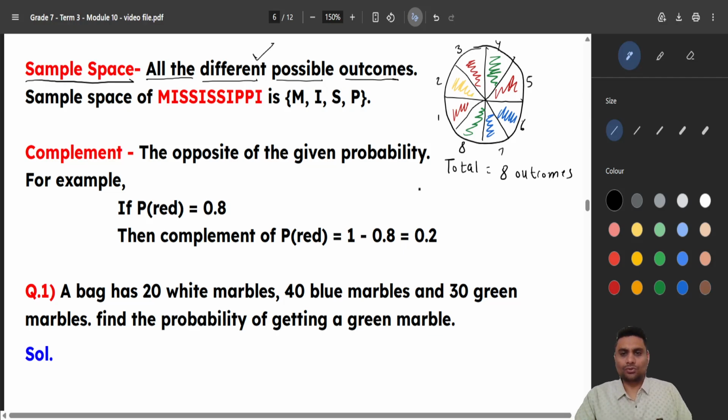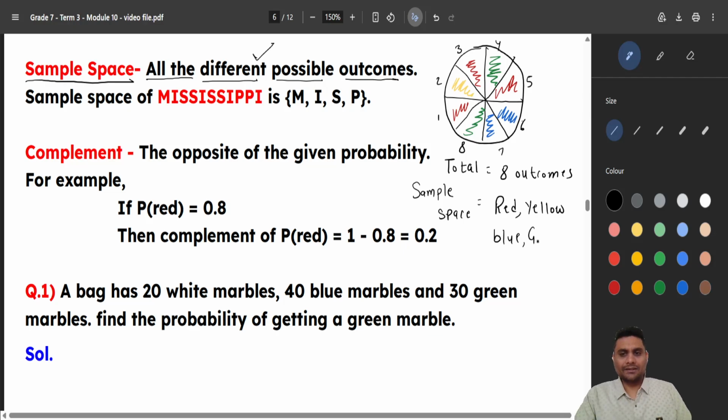But now if I ask you what is the sample space here? Sample space means only the different outcomes. How many different colors do you see in these 8 outcomes? I see red color. I see the yellow color. I see the blue color.